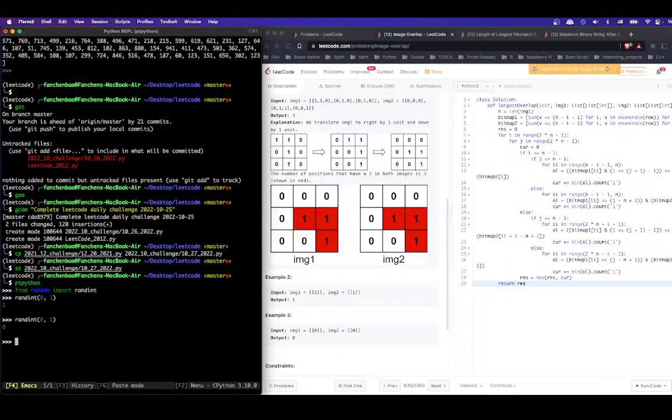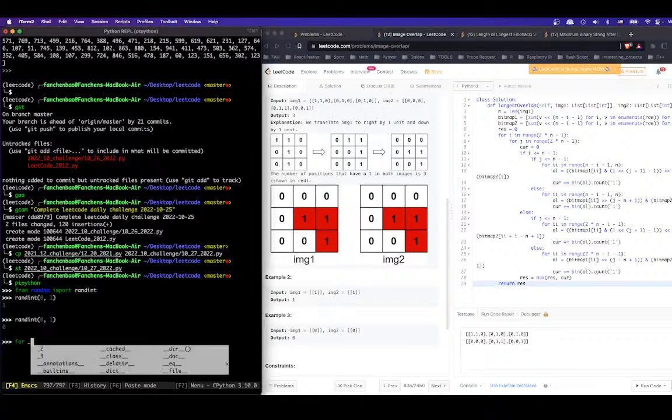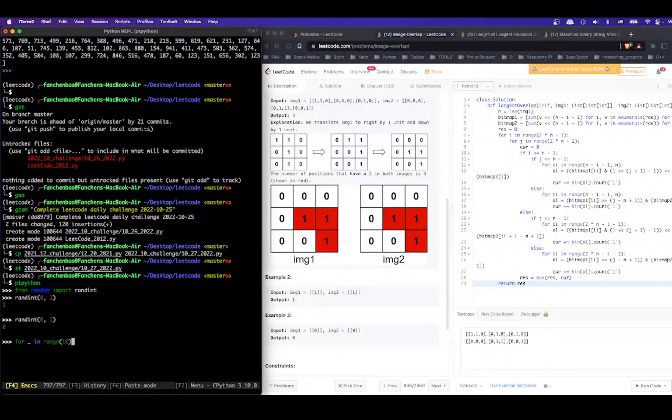So what we're going to do is create image 1 and image 2. Okay, just print them. Let's do 10 test cases. So we're going to print this and print this, right?